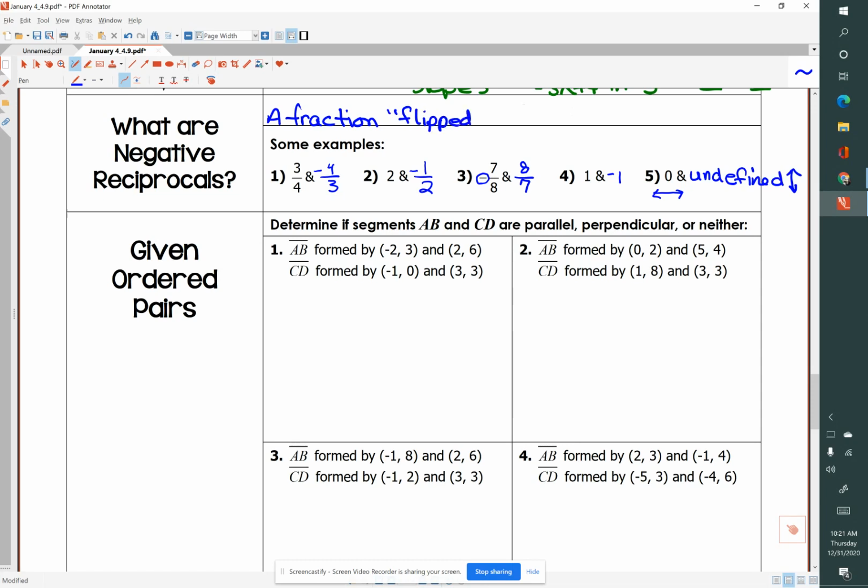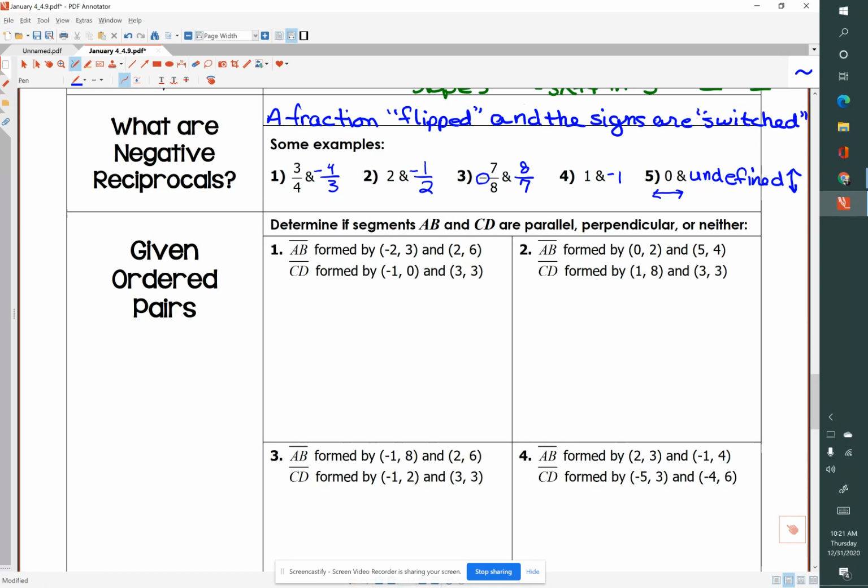Flipped means we are showing the reciprocal. Okay, a fraction flipped and the sign switched.